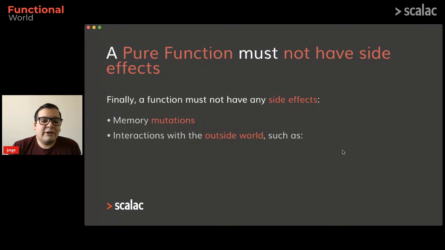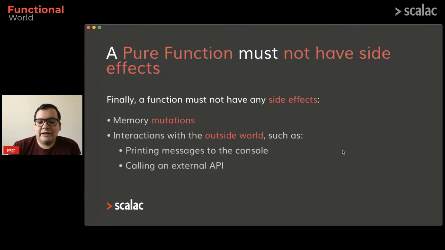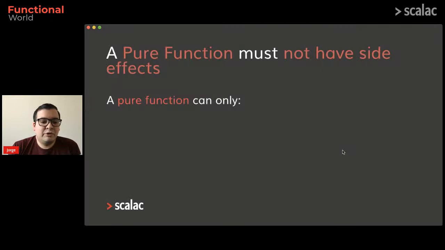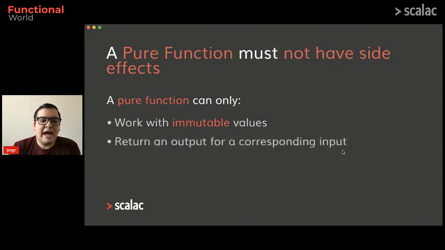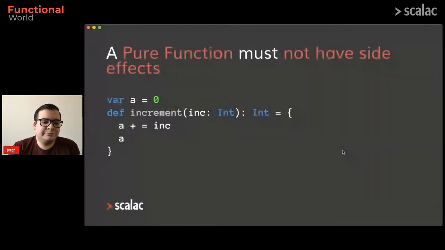You also can't have interactions with the outside world, such as printing messages to the console, calling external APIs, or querying databases. Pure functions are not allowed to do that. A pure function can only work with immutable values, so values that don't change, and return an output for a corresponding input. And that's the only thing they are allowed to do.